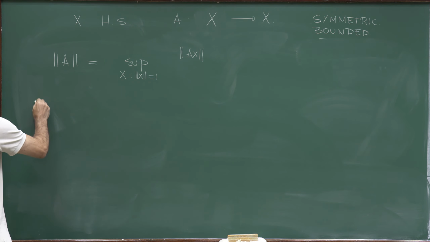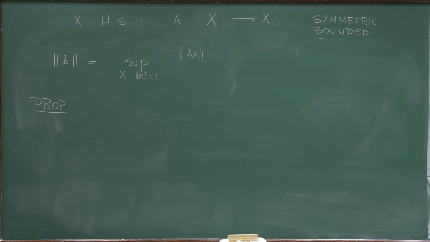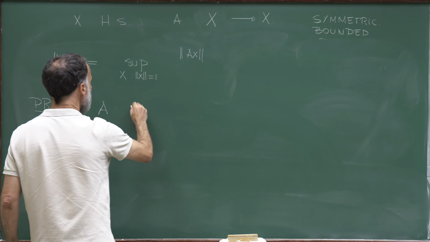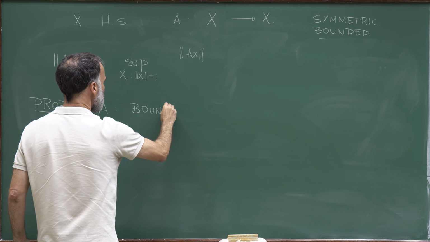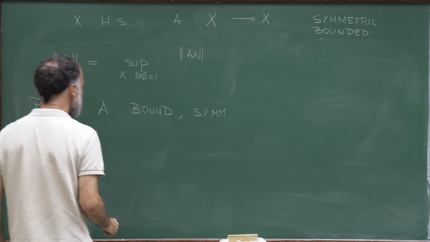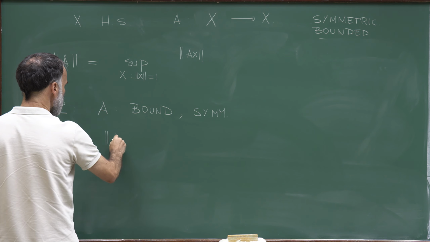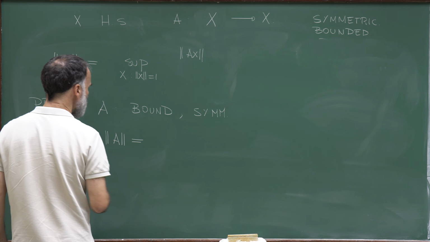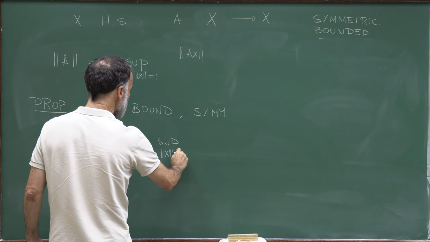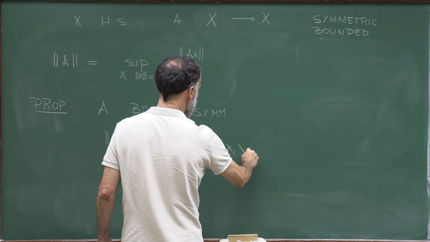Now, the proposition which I want to prove is this: assume that A is bounded and symmetric, and what I claim is that we have an alternative formula for the norm of A, that the norm of A can also be written as the supremum over all x whose norm is equal to 1 of |(Ax, x)|.